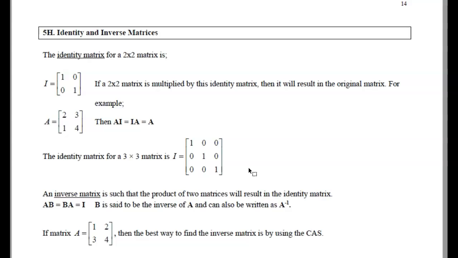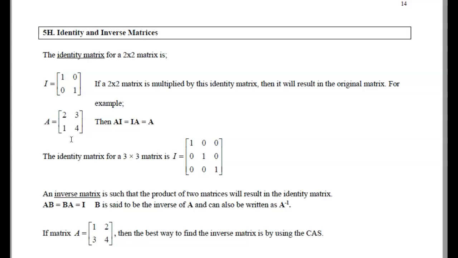Now, an identity matrix is basically the same as multiplying something by 1. So when we're working with integers, so normal numbers, not matrices, basically multiplying something by 1, you have the same thing. So 5 times 1 is 5, 10 times 1 is 10.